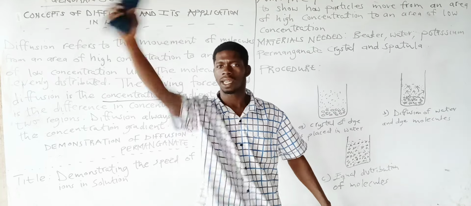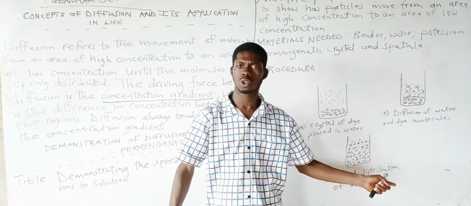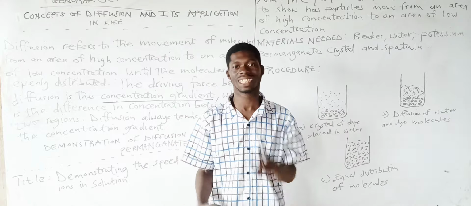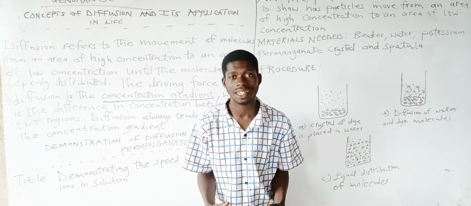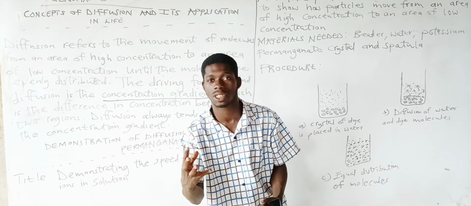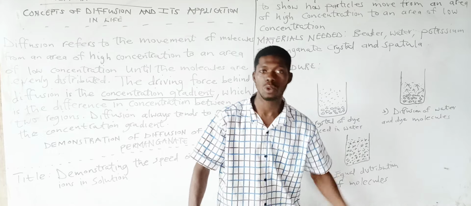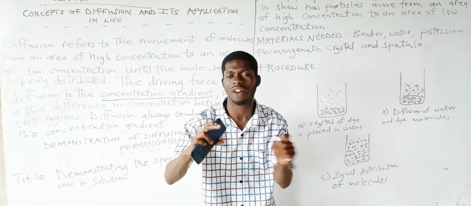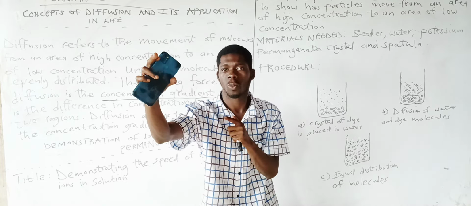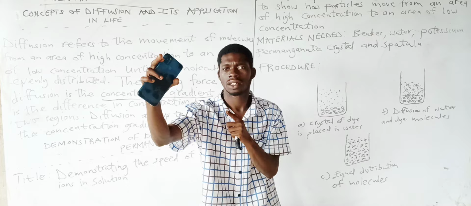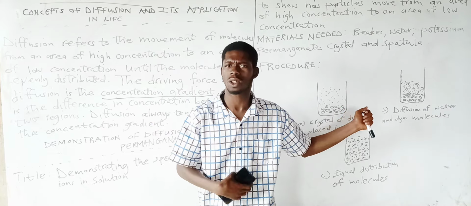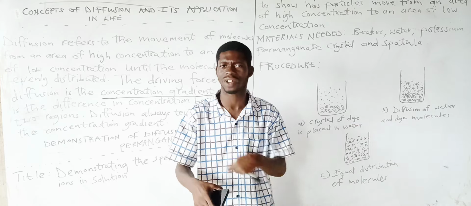So that it will transfer from the higher one to the lower one. So when you say concentration gradient, it's the difference between the higher concentration and the lower concentration. So before diffusion will occur, you have one place which is higher, maybe the smell is higher there, and the other place the smell is low. So you can check the difference.